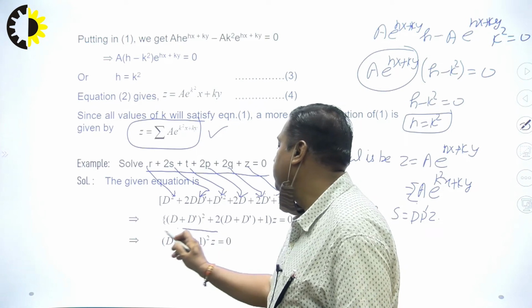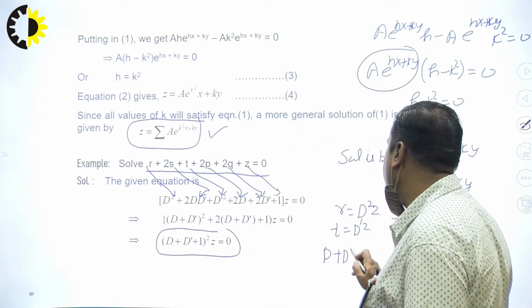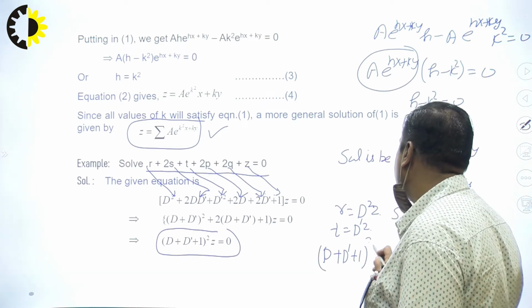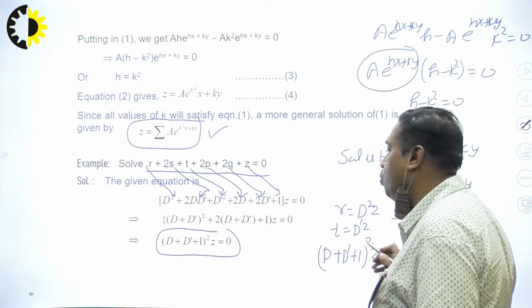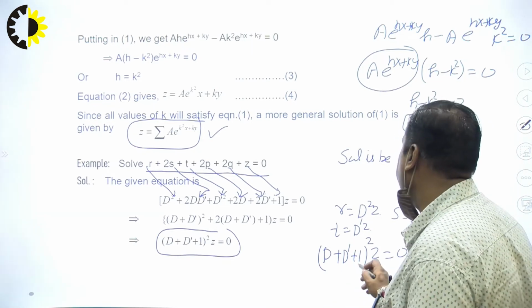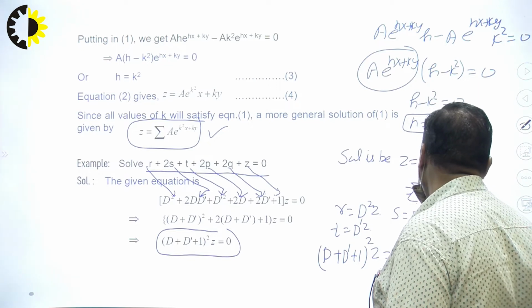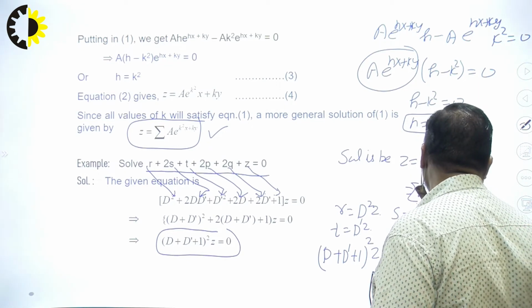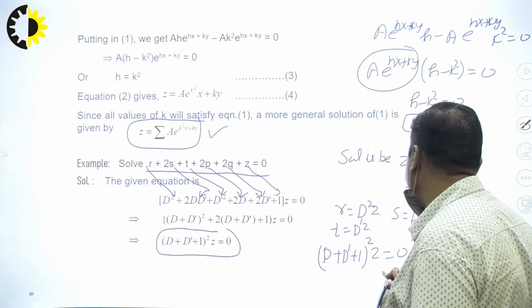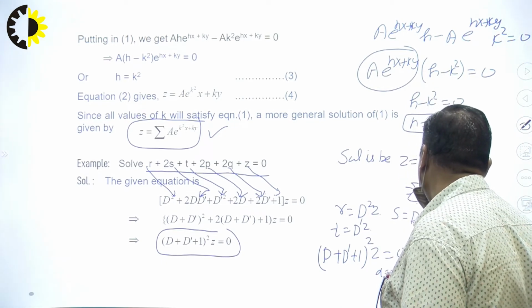On factorizing, that becomes (D + D' + 1)² z = 0. These are the repeated roots, two times. And after completing here, D − mD' − a is equal to 0. On comparing this, a is taken as −1 and m is taken as −1.